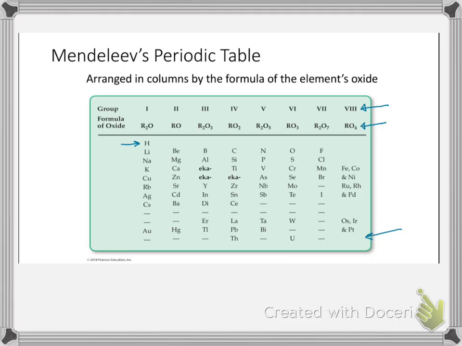Now, what I always find so interesting is you'll see that there are places where he left space. And I think it's because there wasn't an element there that matched those chemical properties. And so with the understanding that maybe not all the elements were known, there were empty spaces left.